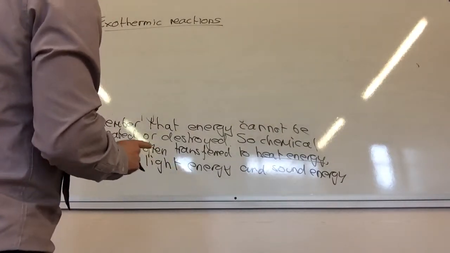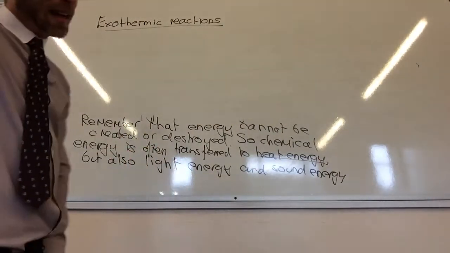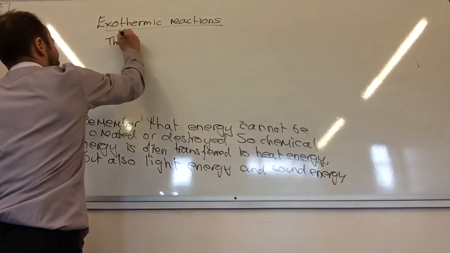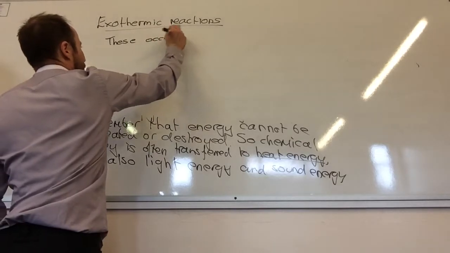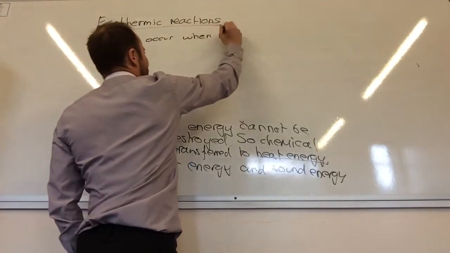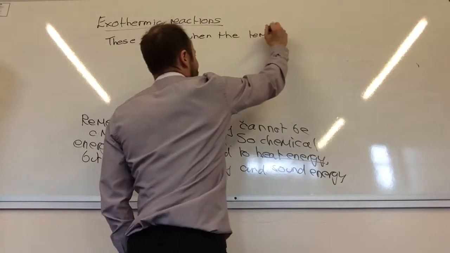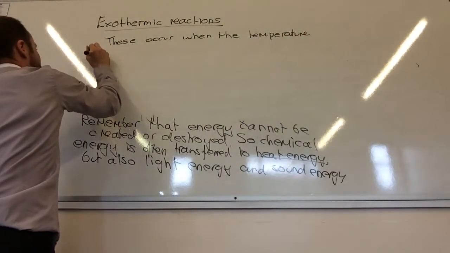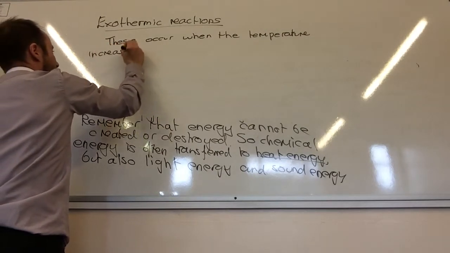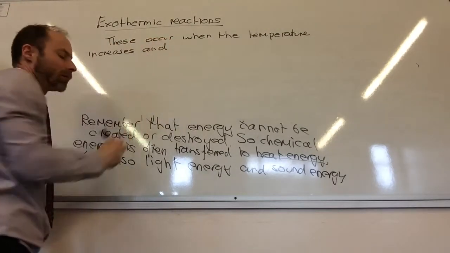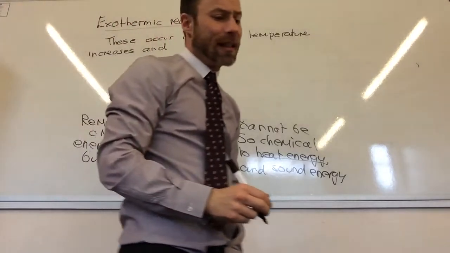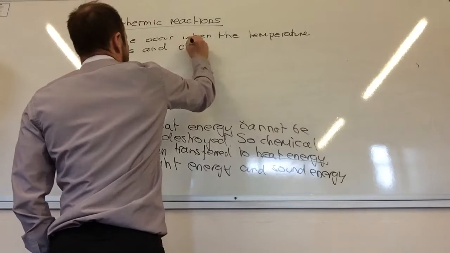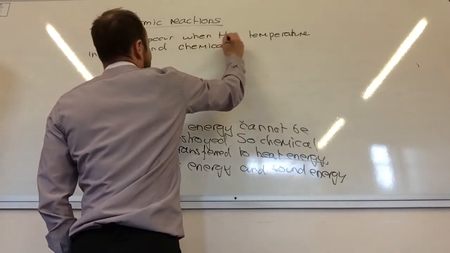So, the first type, this is the most common type, exothermic reactions. Exothermic reactions occur when the temperature increases, and if it increases, it means that chemical energy is converted into heat energy.